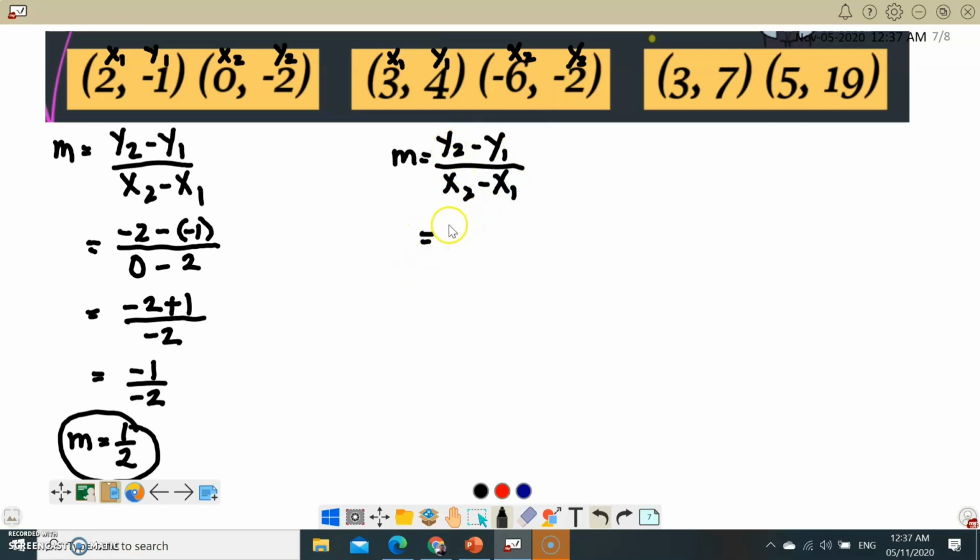Y sub 2 is equal to negative 2 minus y sub 1 is positive 4 over x sub 2 is negative 6 minus positive 3. So negative 2 minus 4 is negative 6 over negative 6 minus 3 is negative 9. So we now have 6 over 9. So let us reduce it to its lowest term. We now have the slope equal to 2/3.